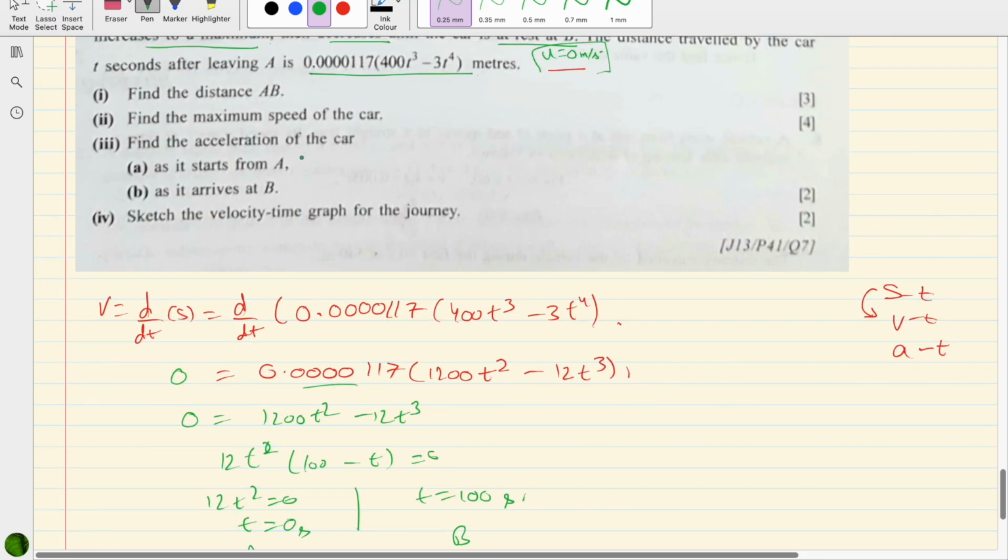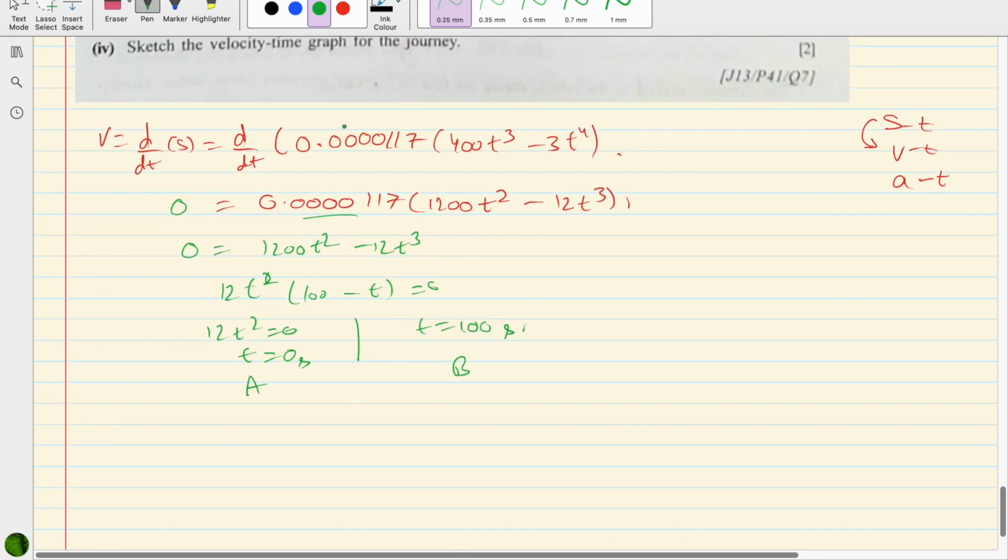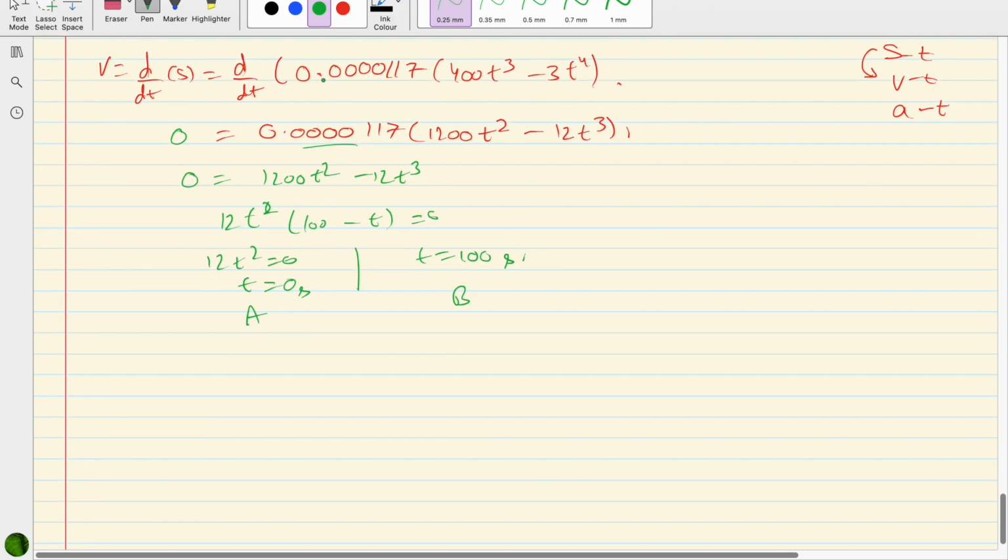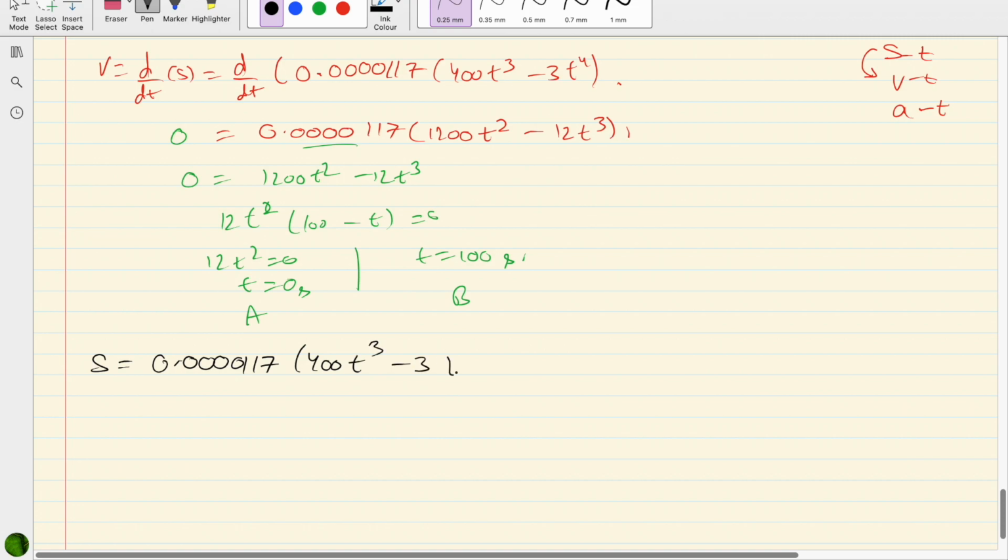And the demand of the question was to find the distance AB. So we use the same equation. Distance equals 1/117 into 400 t cube minus 3t to the power 4. And I can clearly see that when I plug in 0, I will get 0, and also it is starting at the origin.